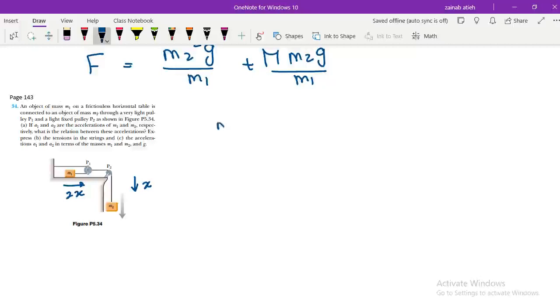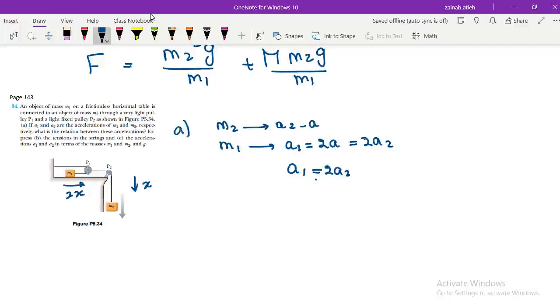So M2 has an acceleration A, or A2 equals A. So we get M1 with an acceleration A1 equals 2A, or 2A2. This is the relation between A1 and A2: A1 equals 2 A2. So this is part A.